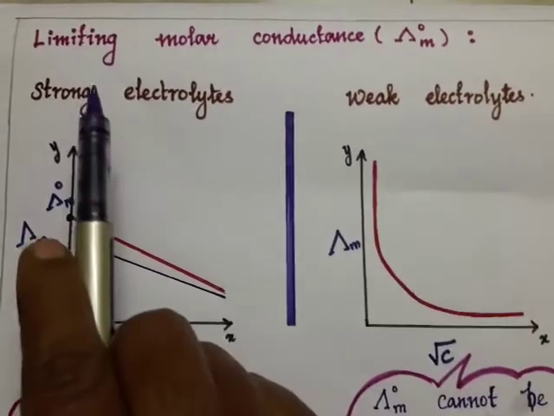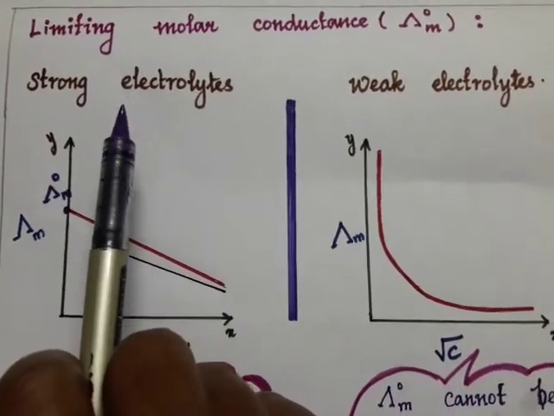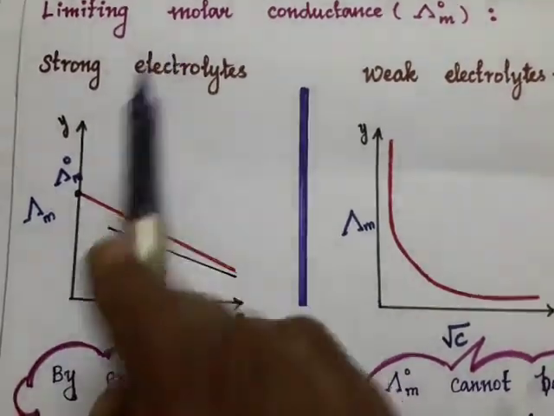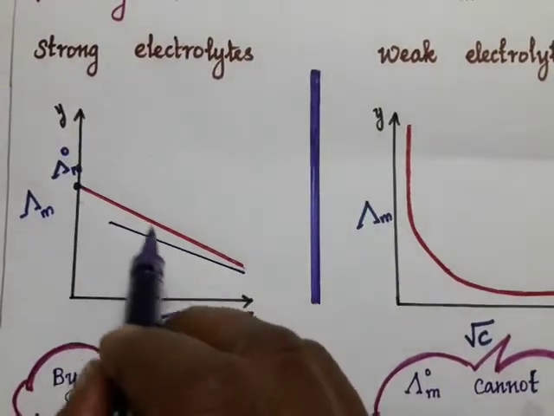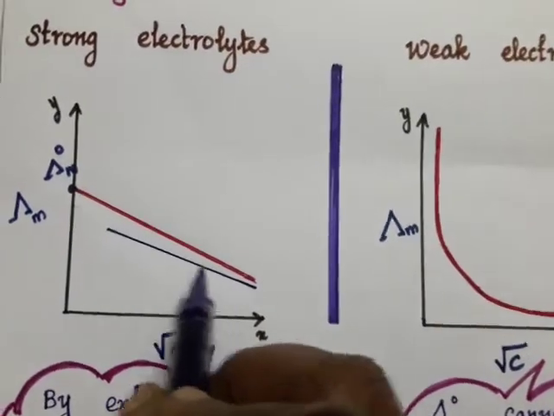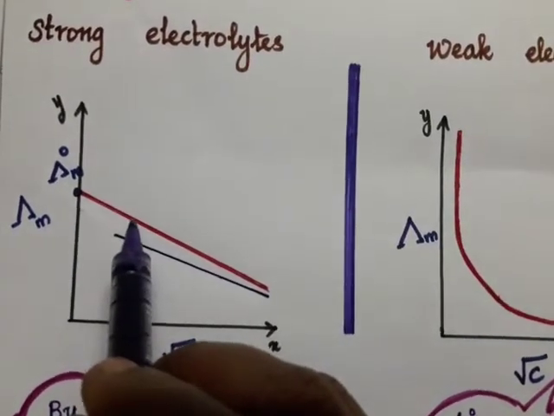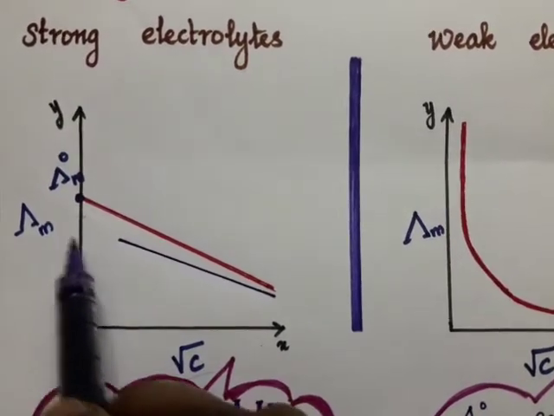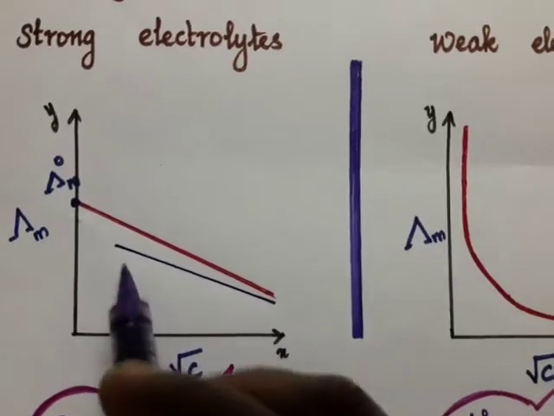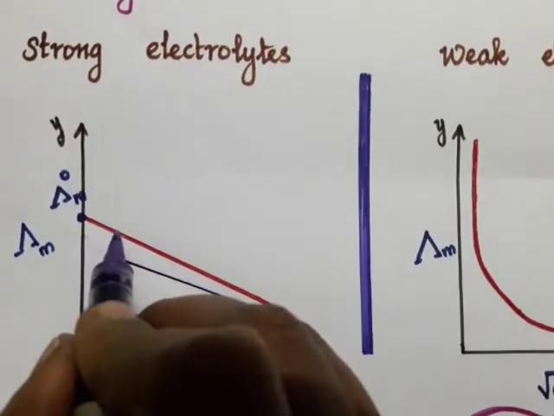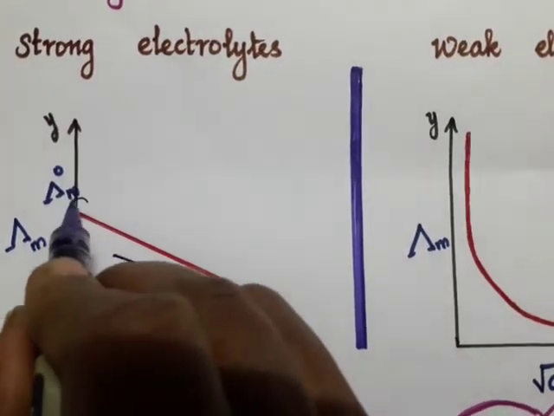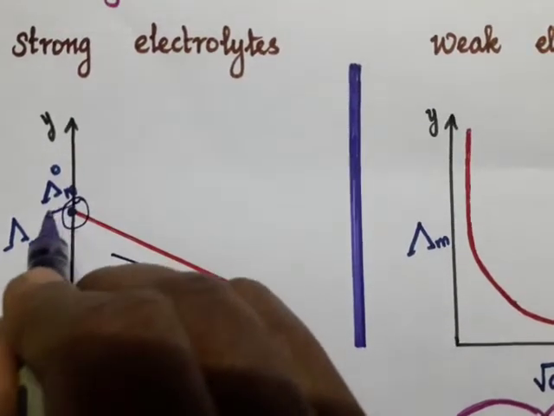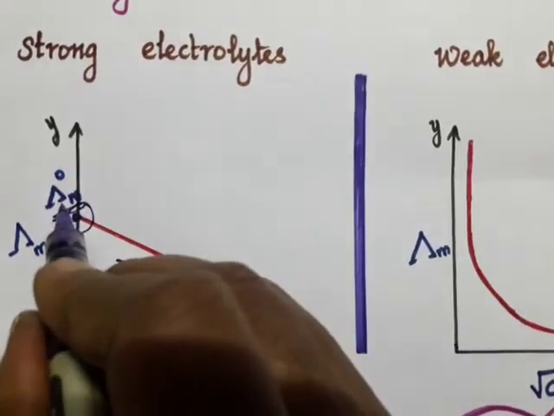Let me calculate the limiting molar conductance. About this we have discussed already. For the strong electrolytes we get a straight line by drawing the graph of lambda m against root c. When we get the straight line, the y-intercept is nothing but the limiting molar conductance, which means lambda m naught.